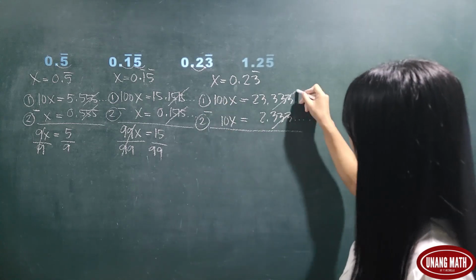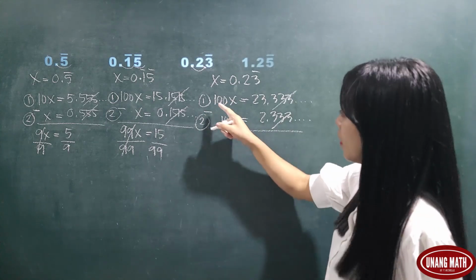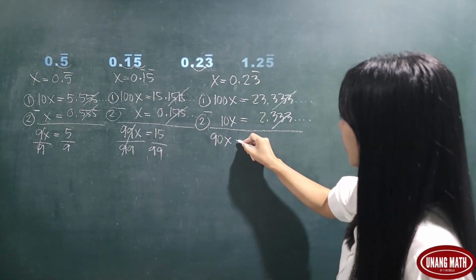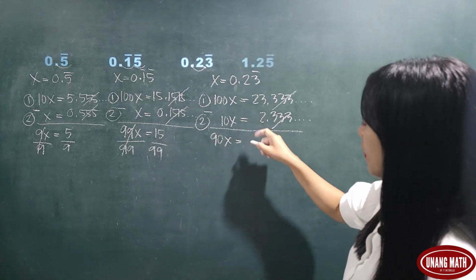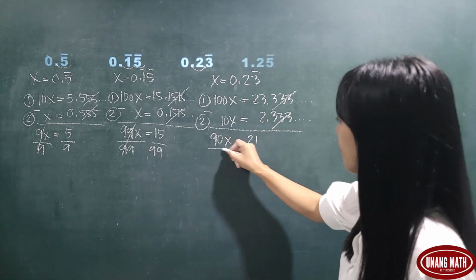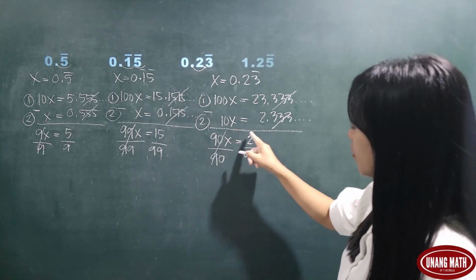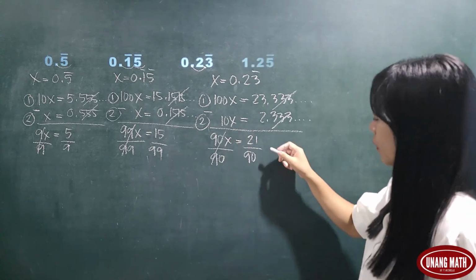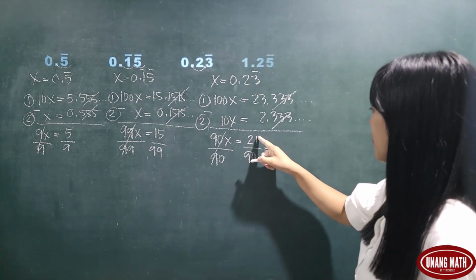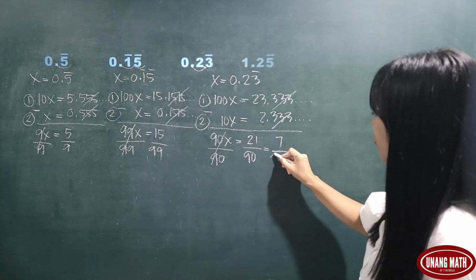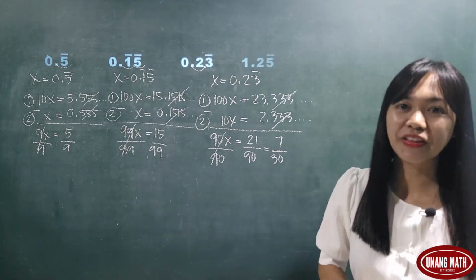So these repeating digits will be cancelled. 100x minus 10x, this is 90x, and this is equal to 23 minus 2, this is 21. Divide both sides by 90, so x is 21 over 90. We can simplify this fraction, divide both numerator and denominator by 3, so the simplified fraction is 7 over 30.